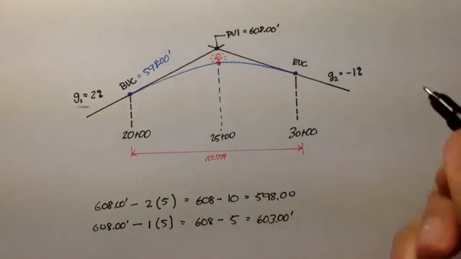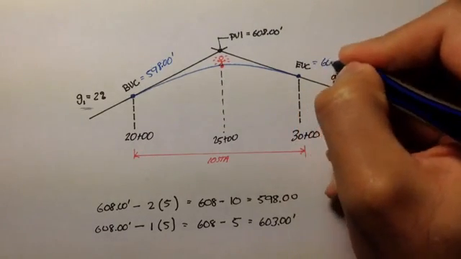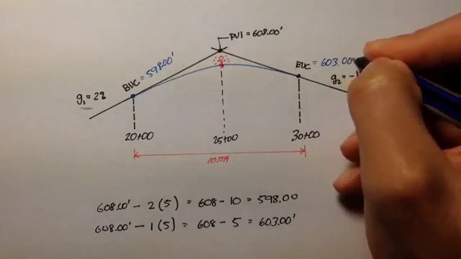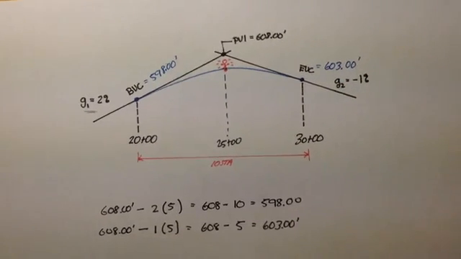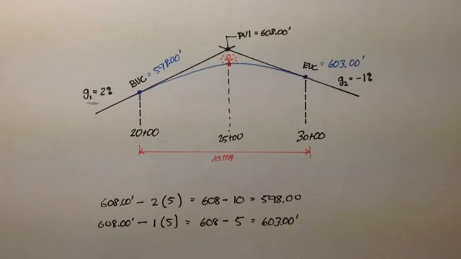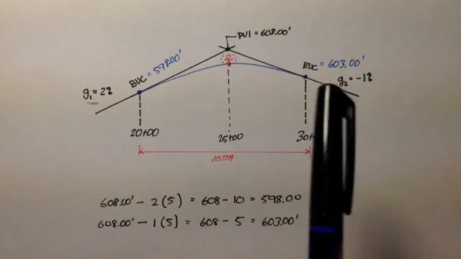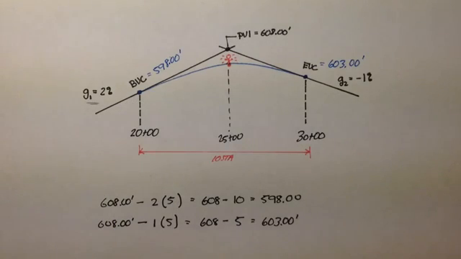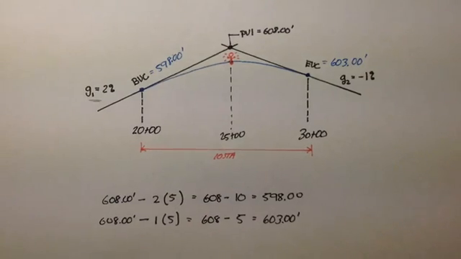So the elevation of EVC would be 603.00. We basically applied what we knew about grading to this problem, and we figured out what BVC and EVC are. If you don't exactly know what I did here, I suggest watching the videos on grading.